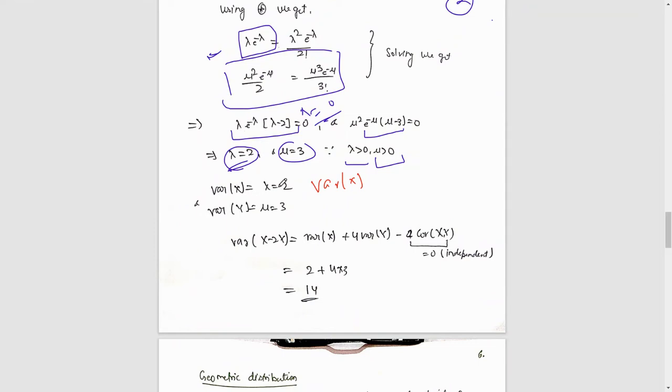I think it should be lambda only. Yeah, the variance and mean of this are lambda only.